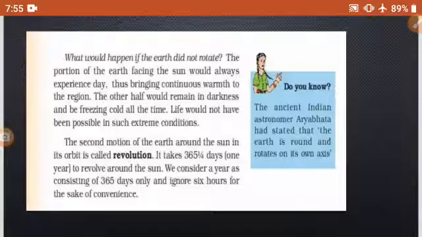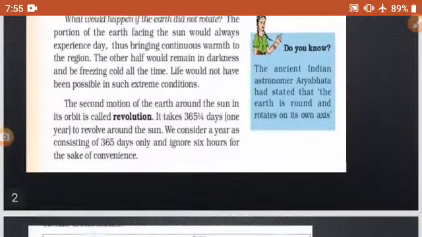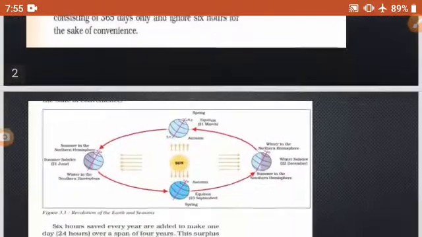In ancient India, astronomer Aryabhatta had stated that Earth is round and rotates on its own axis. So, astronomer Aryabhatta said that Earth is round. Now let's move ahead.